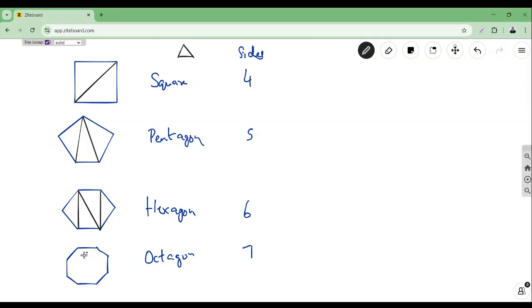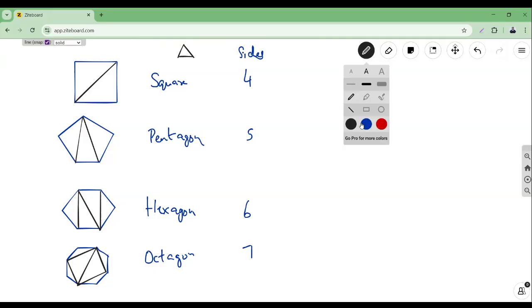Basically, I'm cutting this entire thing into triangles. So let me do a triangle here, here, here, and here, and I get a square inside, which I make into other triangles. So I have made triangles.